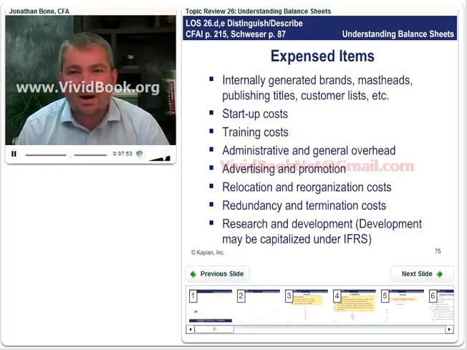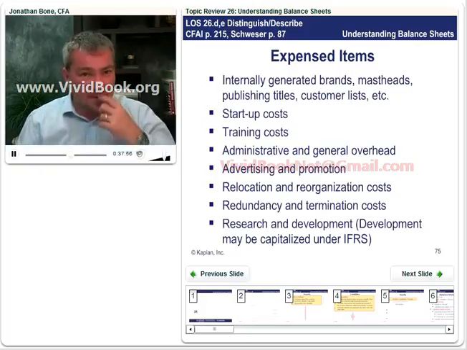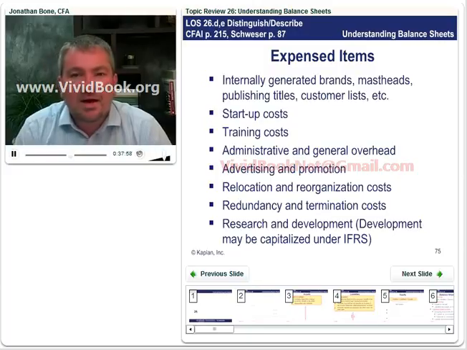And R&D, now this one's a little bit of a tricky one again. Research and development under US GAAP is always expensed. Both research in terms of pure research and development in terms of developing a product. Notice under IFRS, development expenditure may be capitalized.